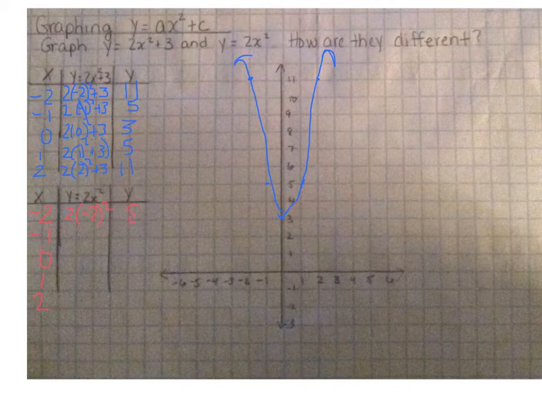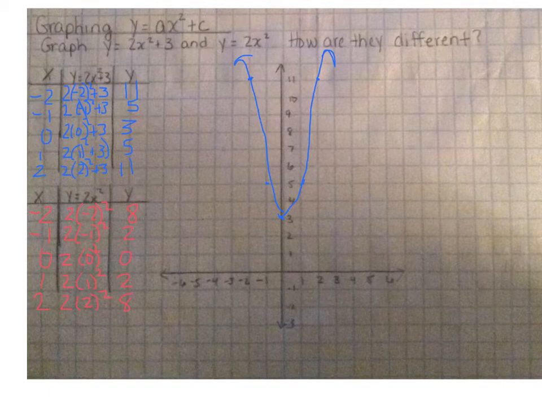That gives me 8. 2 times negative 1 squared is 2. 2 times 0 squared is 0. 2 times 1 squared is 2. And 2 times 2 squared is 8. Again, noticing whether we have negative 2 or positive 2, they both equal 8. Negative 1 or positive 1, they both equal 2.